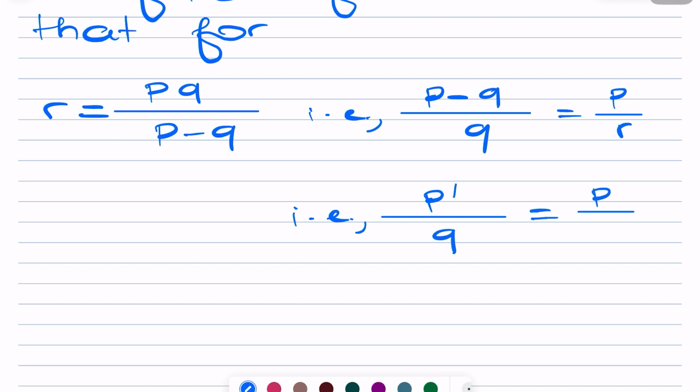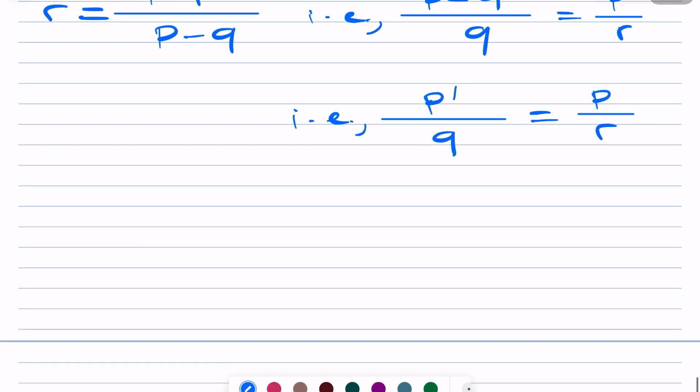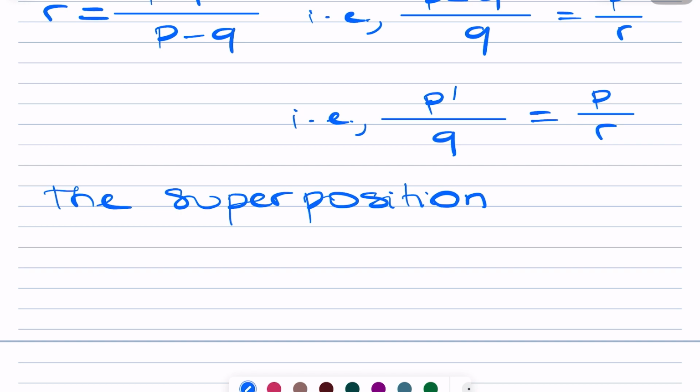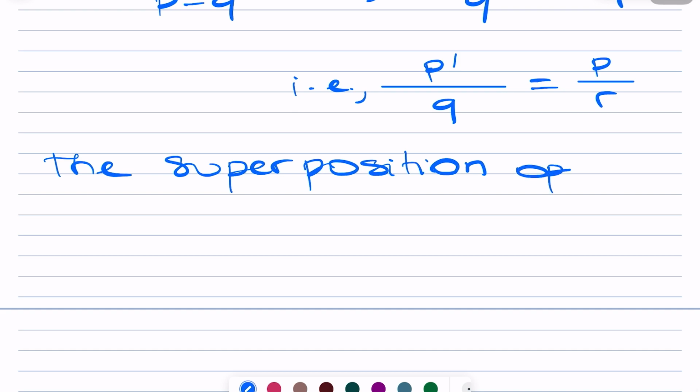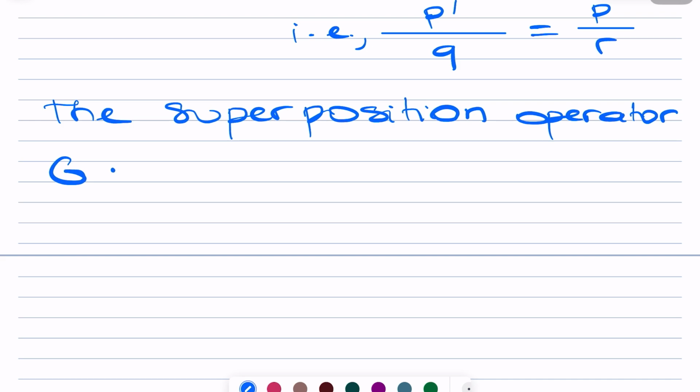So it follows that for this particular choice of R, the superposition operator of our partial derivative of f with respect to z, which is a Caratheodory function, we call it capital G, defined from Lp of omega into Lr of omega.